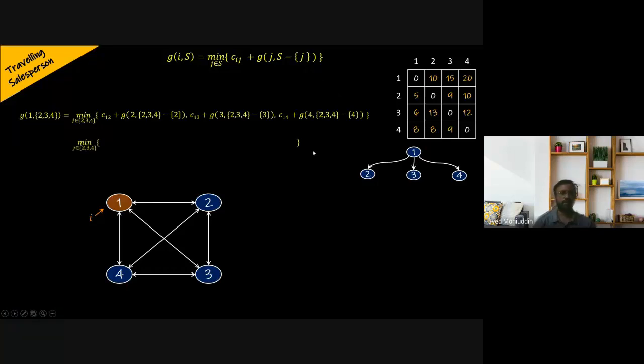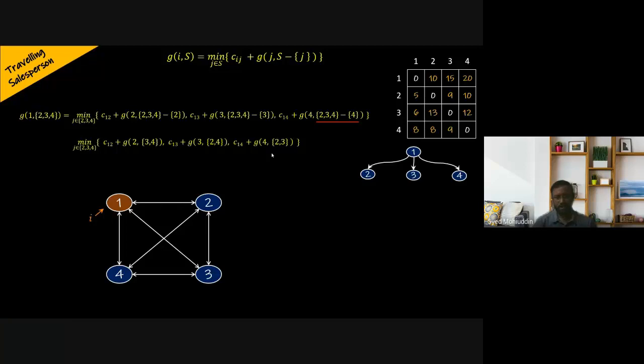It becomes C of 1 comma 2 plus G of 2 comma the set difference, 2, 3, 4 minus 2, which is 3, 4. The same way, C of 1 comma 3, the cost of 1 to 3, plus G of 3 comma the set difference, that is 2, 4. And then C of 1 comma 4 plus G of 4, and then 2, 3, 4 minus 4, that is the difference, so we get 2, 3.